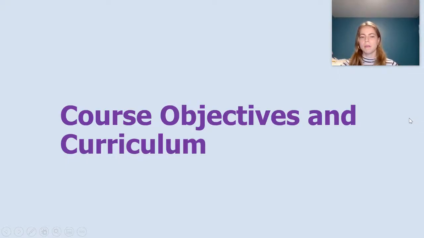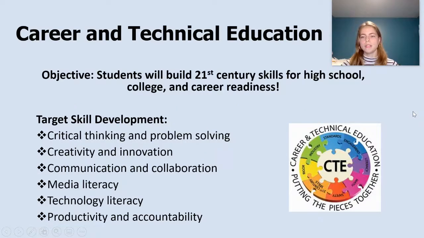All right, so a little bit about the course and the curriculum. This class is actually a career and technical education class, which is really cool because there are not as many of these at the middle school level, but the objective of these types of classes is to build these 21st century skills. You may call them soft skills, really to prepare students for high school, college, and career readiness.